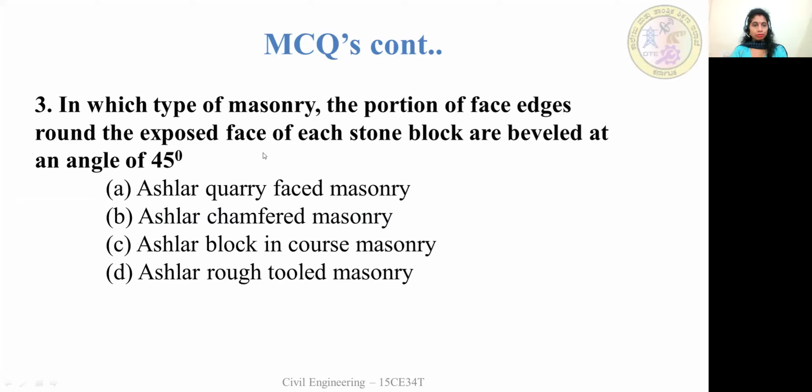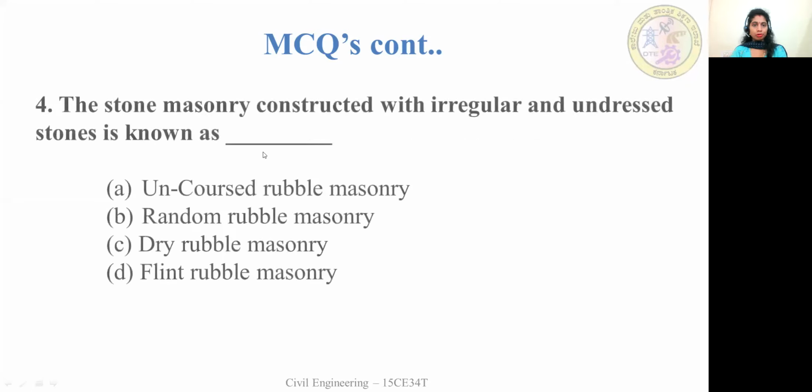Next, moving on to question number 4. The stone masonry constructed with irregular and undressed stones is known as dash. Option A, uncoursed rubble masonry.